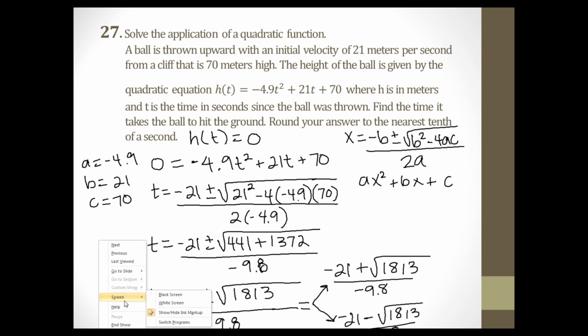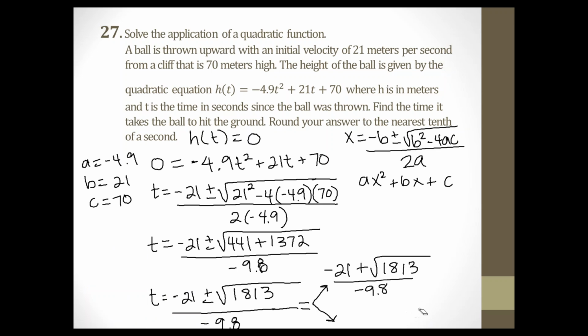Just keep in mind there is a negative 9.8 in the denominator down here. Let me erase it and write it a little better, because I want y'all to get all the information.